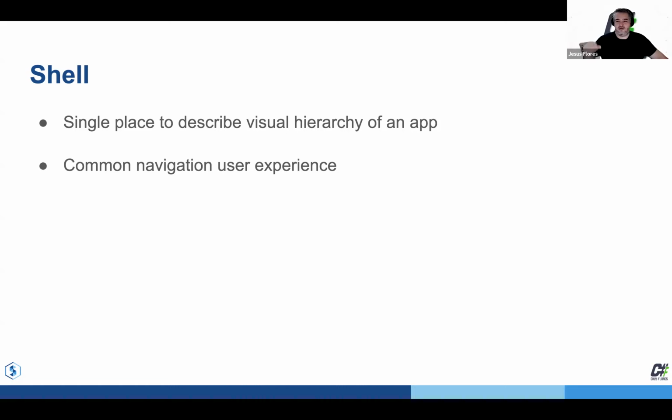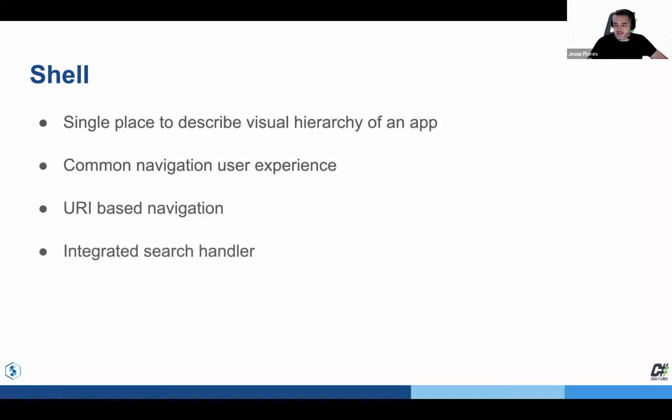If you need to go back, you just need to navigate back, or if you need to move to another one, you can just use URI-based navigation. It also provides an integrated search handler. And well, that's all the technical stuff that I wanted to tell you before we dive into a demonstration.